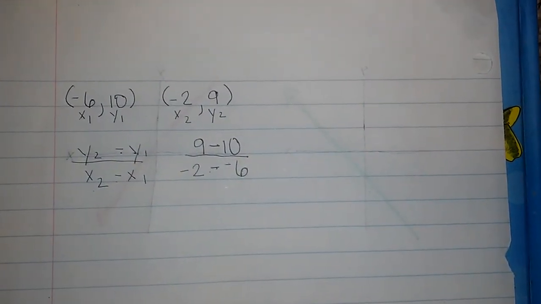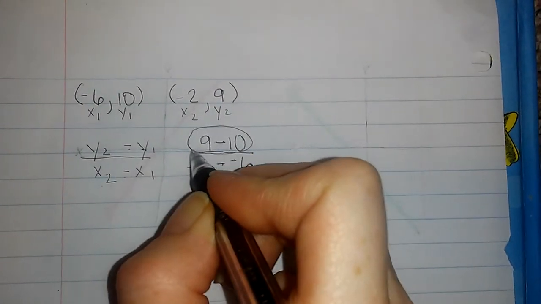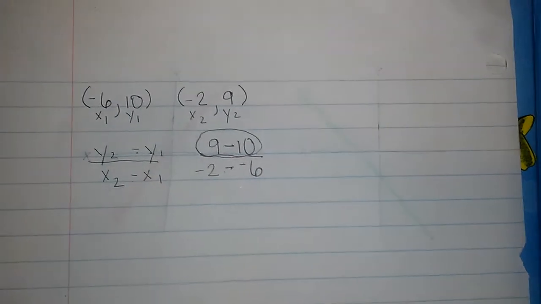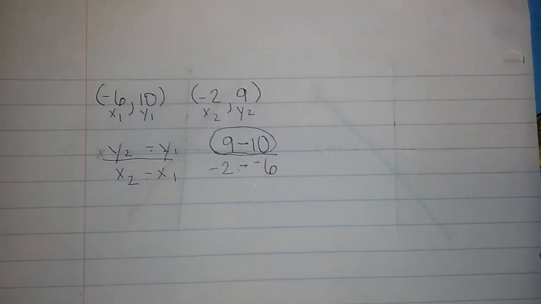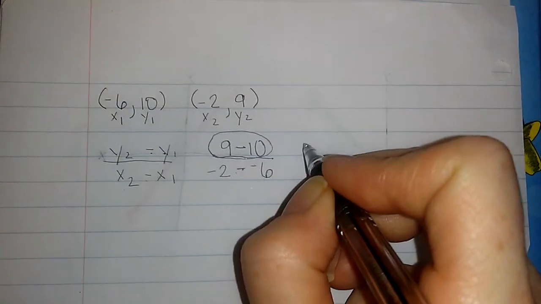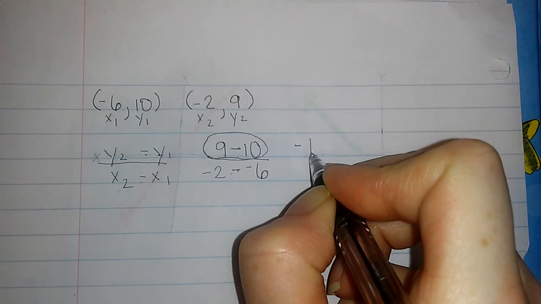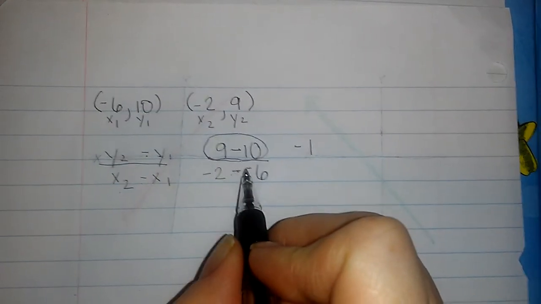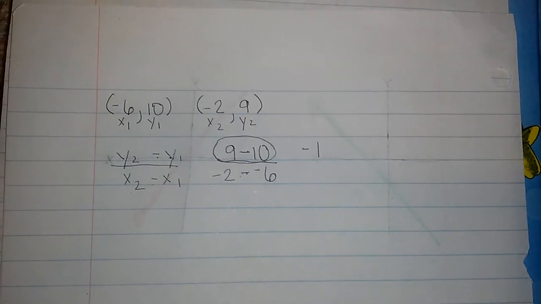Now that I have everything written into our formula, I'm going to solve the top. Put my calculator over here. 9 take away 10 is a -1. Then I have -2 take away -6. Okay, put that in our calculator, you guys.